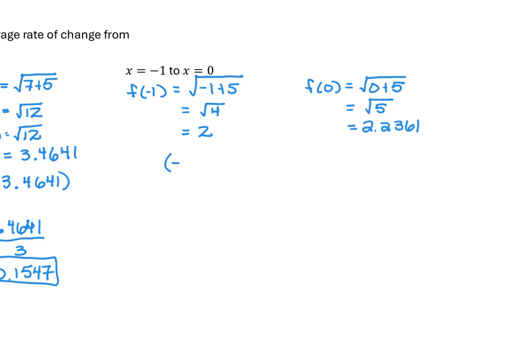All right, so my points are -1, 2, and 0, 2.2361. If we go ahead and calculate our slope, we want to subtract our y values, 2.2361 minus 2, over subtract our x values, we get 0 minus -1 becomes a plus 1.